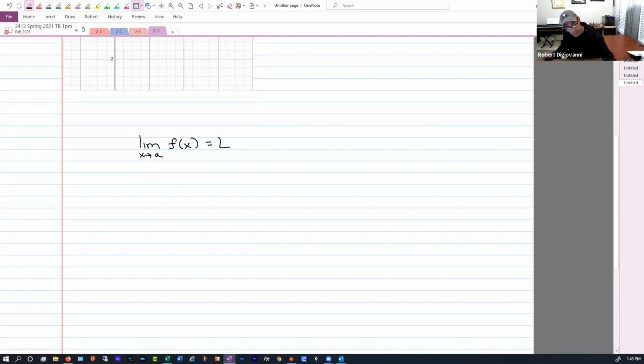It means that for every epsilon greater than 0, there exists a delta greater than 0, such that if the absolute value of x minus a is less than delta, then that forces the absolute value of f of x minus L to be less than epsilon. That is the precise definition of the limit of a function.